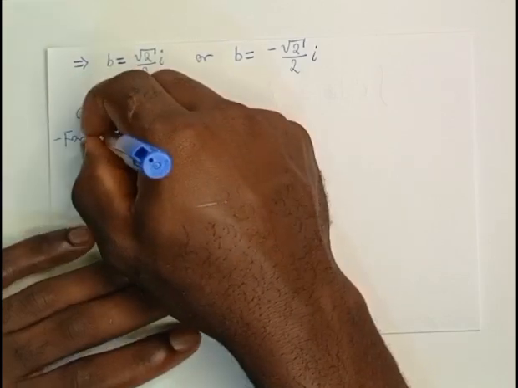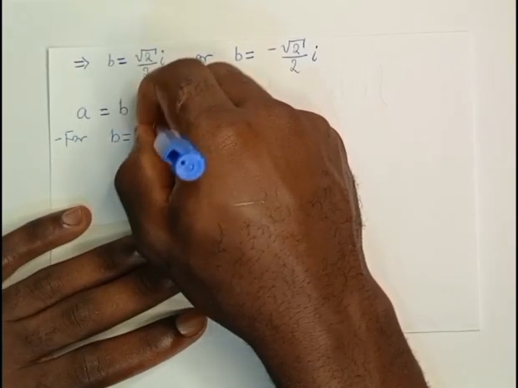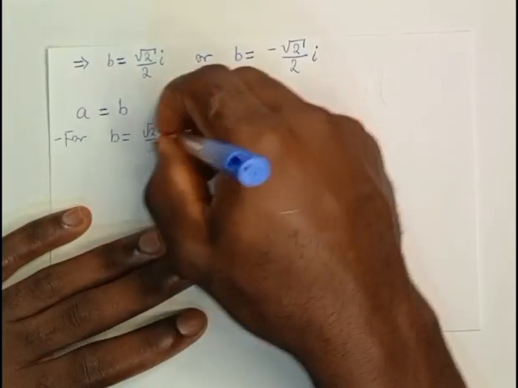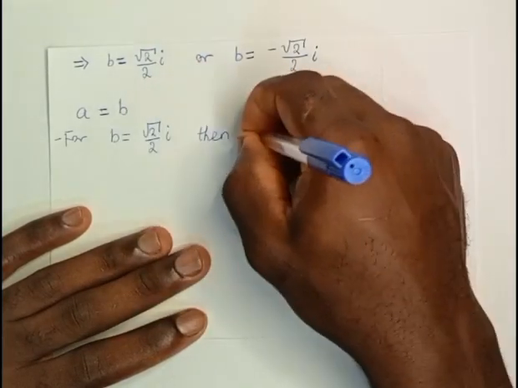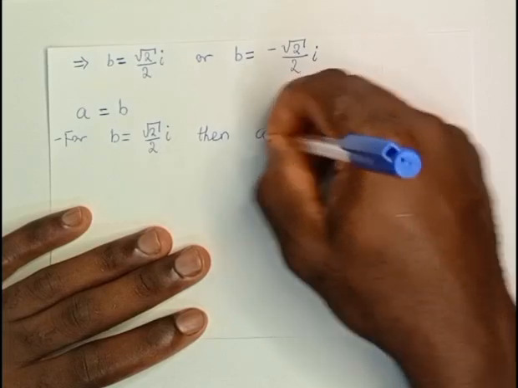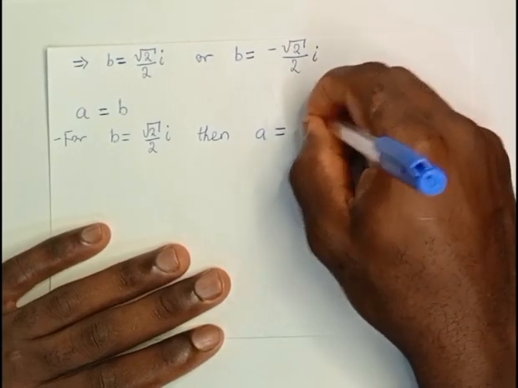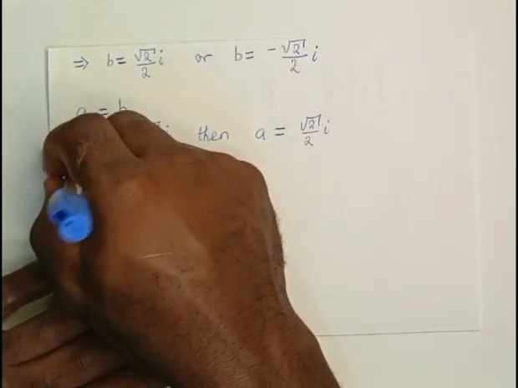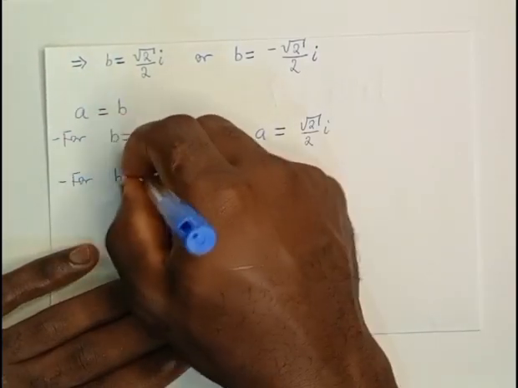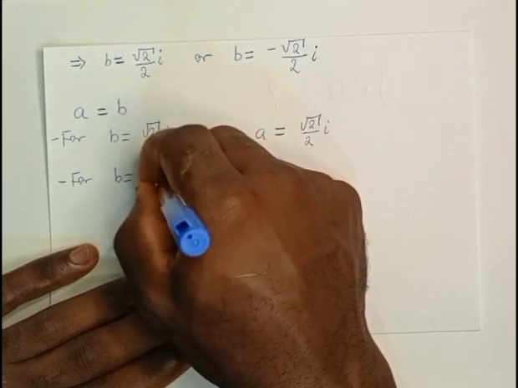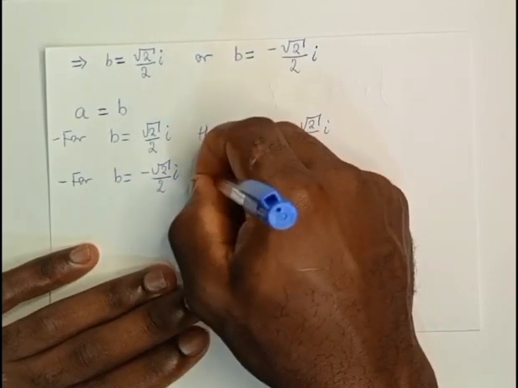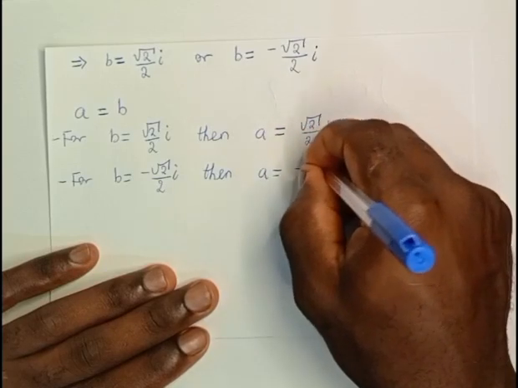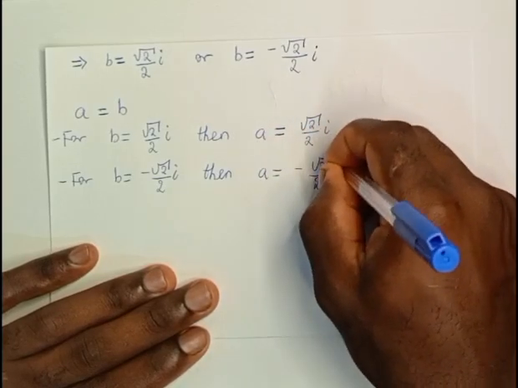For b equal to root 2 on 2i, our a will be equal to root 2 over 2i. Next, for b equal to negative root 2 on 2i, our a will be equal to negative root 2 on 2i.